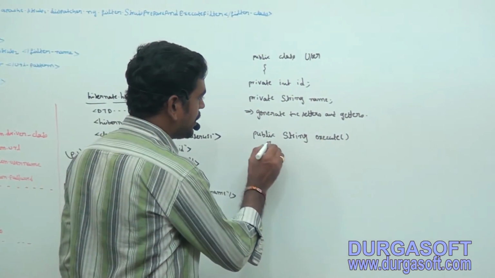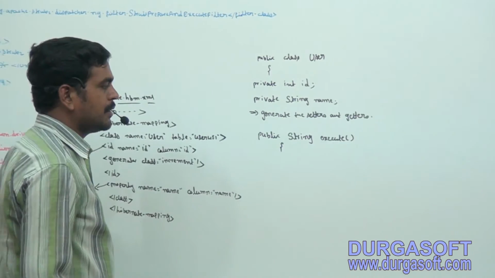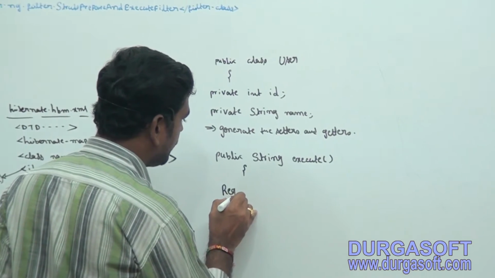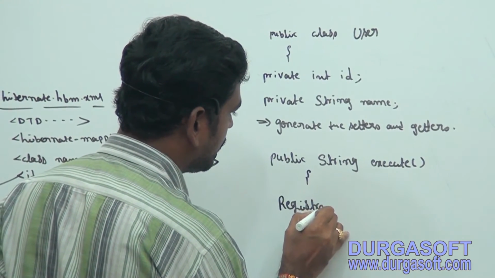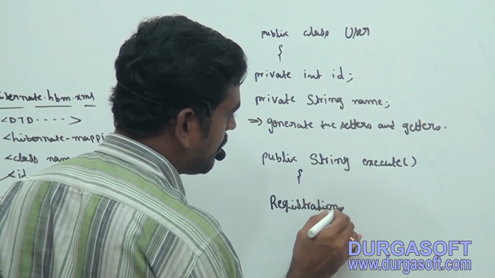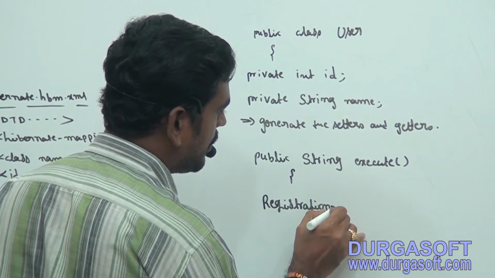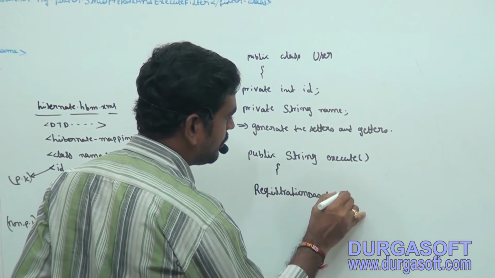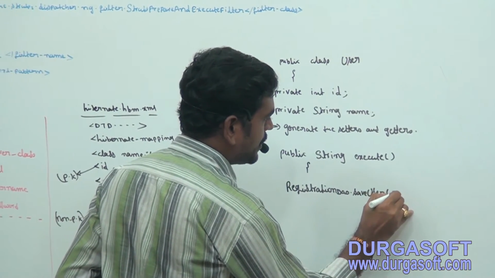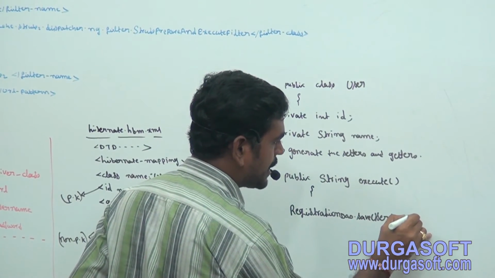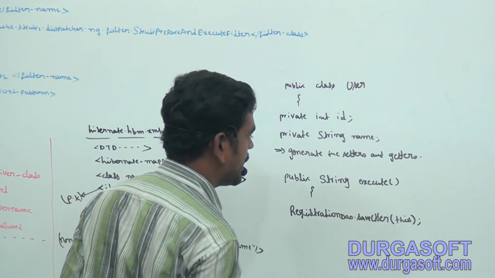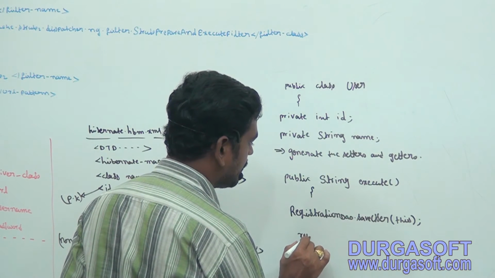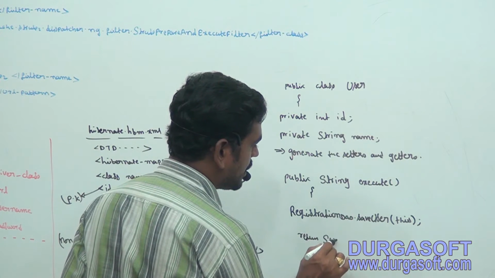Public String execute, under that I am taking the registration DAO dot saveUser. I am passing the current class object, this class object, here. If this statement is executed successfully, then return success.